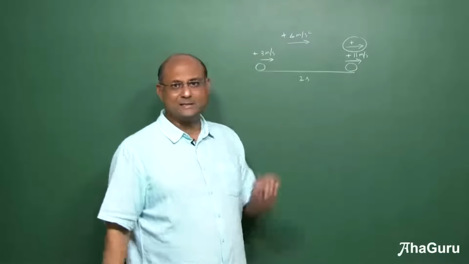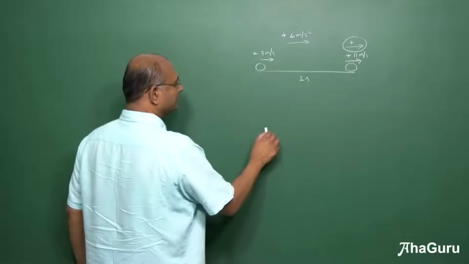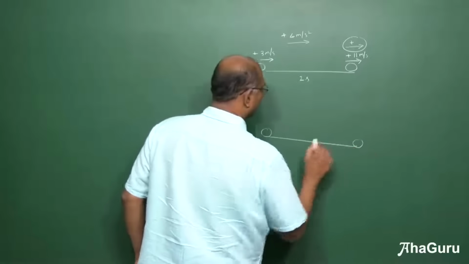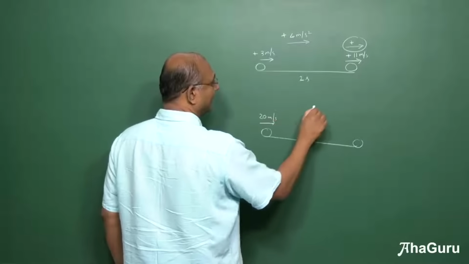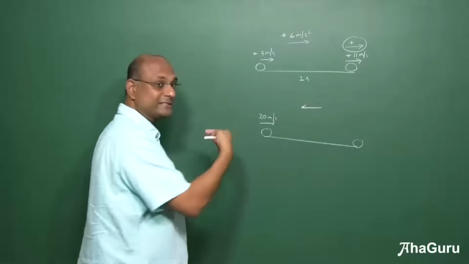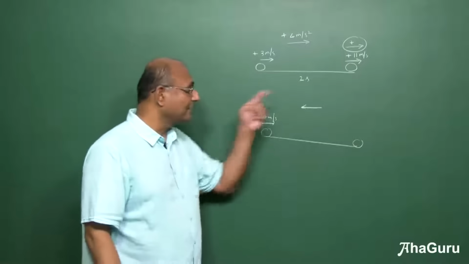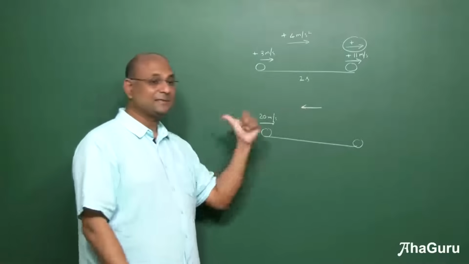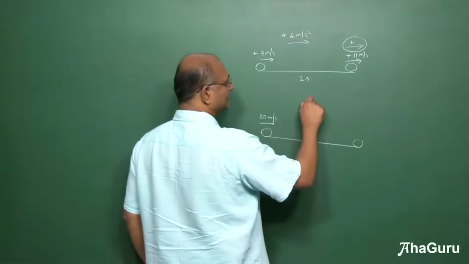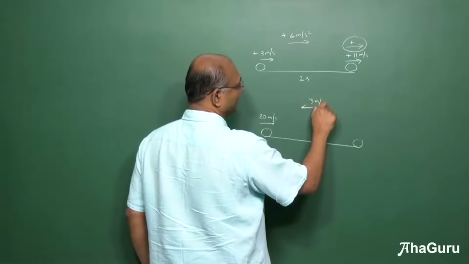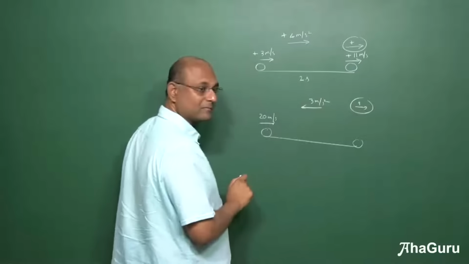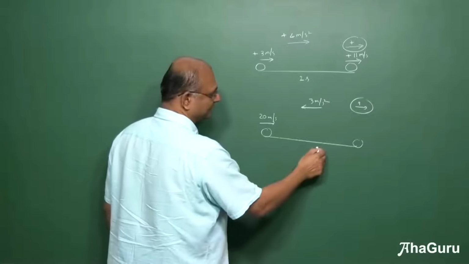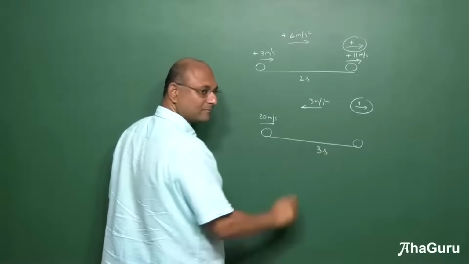But need not be like this, right? For example, it is possible that I started with 20 meters per second and I had an acceleration in this direction. Acceleration comes with direction. Is it that way or this way? Let us say it is this way, let us say that this was 3 meters per second square and that is still my positive direction, then let's say that this was basically for 3 seconds.